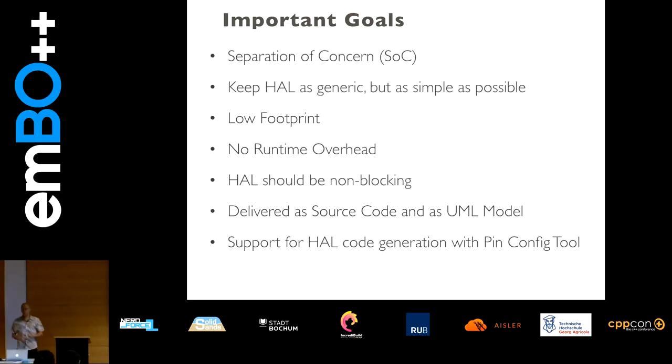Okay, what were my goals? My goal was to satisfy the separation of concerns. That means I want the hardware code independent from my application code. I don't want to mix this. I want my application to be completely hardware independent. I know in deeply embedded systems that will not always work.